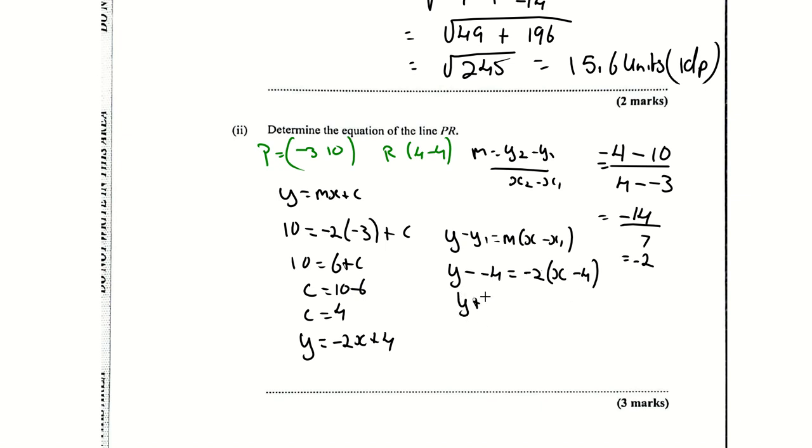That's y plus 4 equals negative 2x plus 8. If I carry this across, y would be negative 2x plus 8 minus 4, so y would be negative 2x plus 4, because 8 minus 4 is 4. You see how I get the same answer no matter what coordinate I use. Are we good with this, guys?